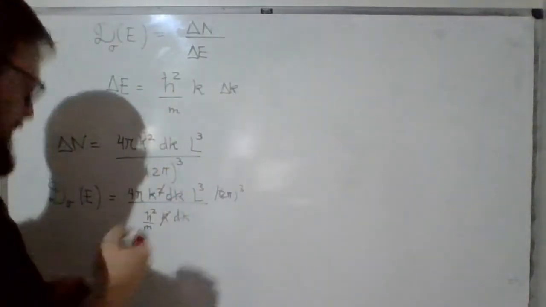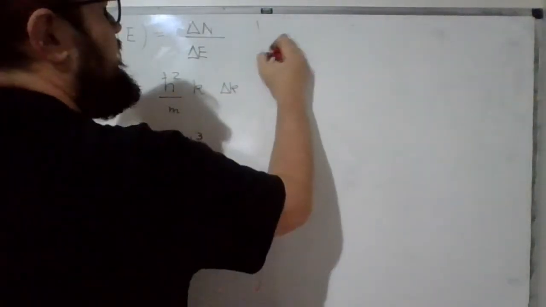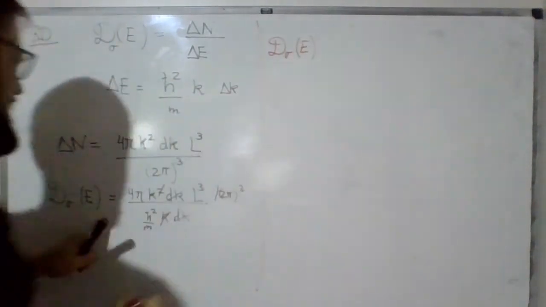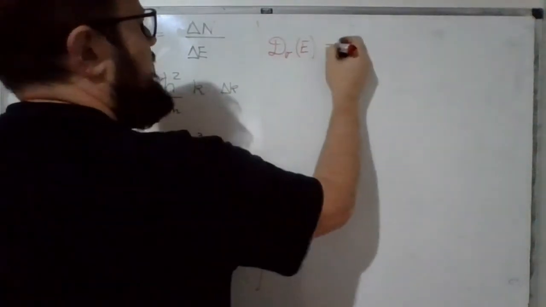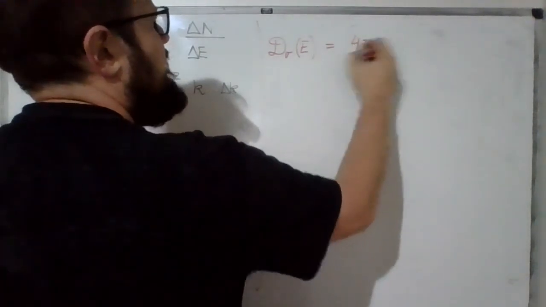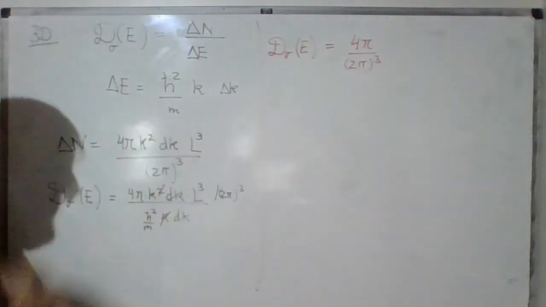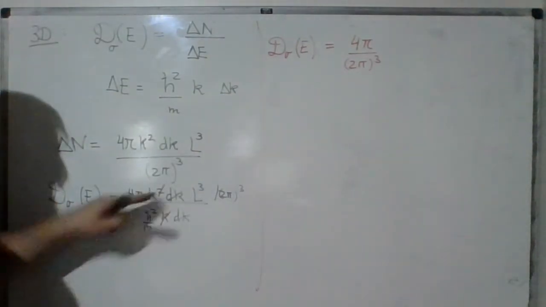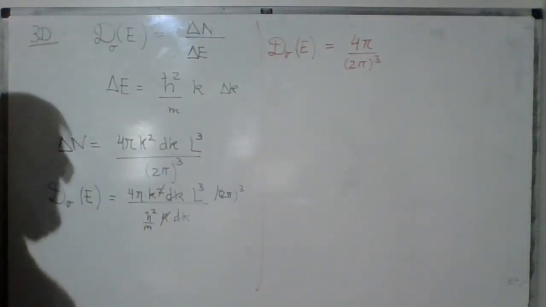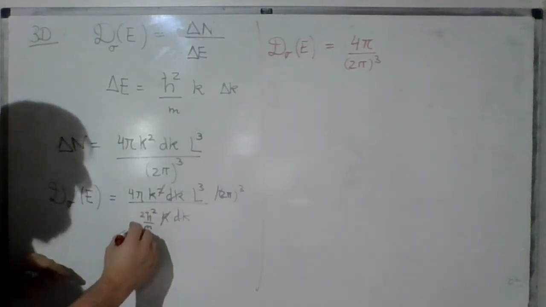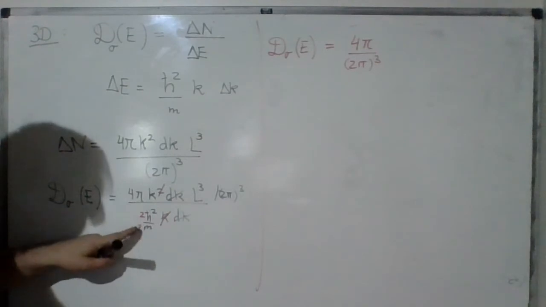In 3 dimensions, we have D for a given spin as a function of the energy equal to 4π divided by (2π)³. We can just calculate what is left in the end. But now we can plug in a factor of 2 here and a factor of 2 here.